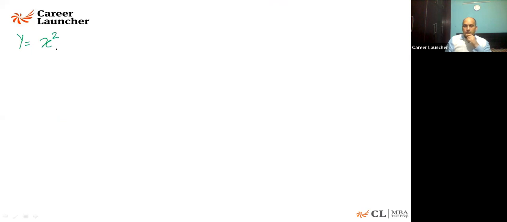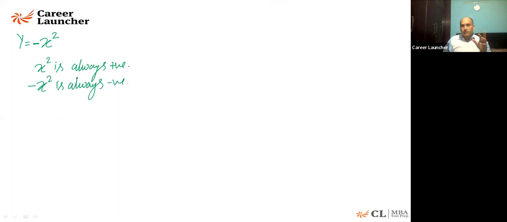We all know about this. What if minus sign is attached before it? Let me tell you, x square is always positive. Everyone knows about this. So minus x square is always negative because a minus sign is attached before it.